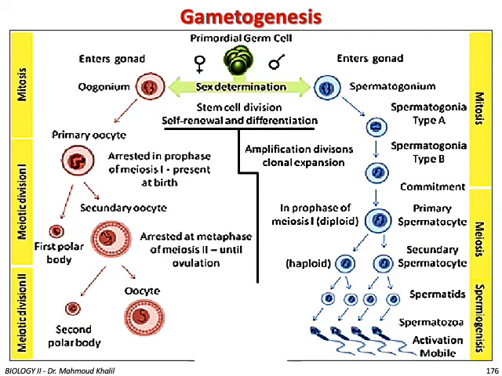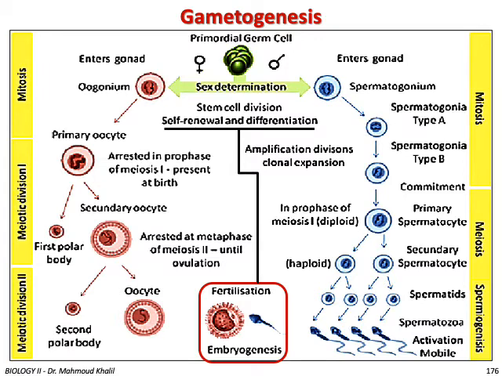The meiotic division results in a secondary spermatocyte, which is haploid, then a spermatid, then a process very specific for male spermatogenesis, called spermiogenesis, in which the spermatids are transformed and metamorphosed into a spermatozoon, and this is the active mobile sperm. Once the sperm and ova are formed, embryogenesis starts after the process of fertilization.